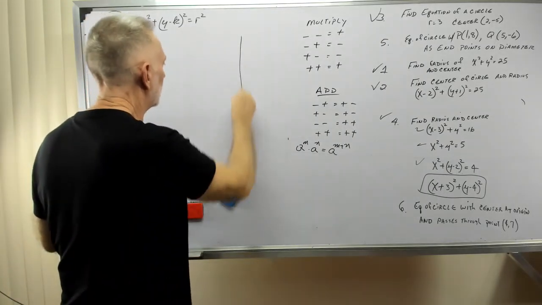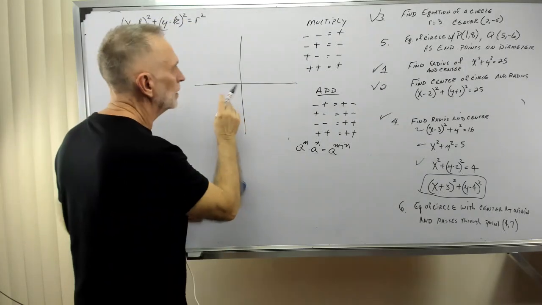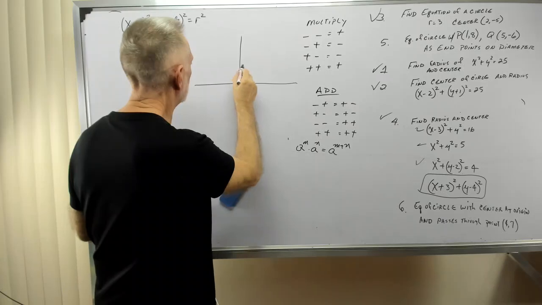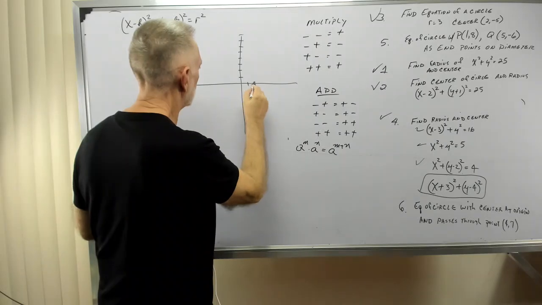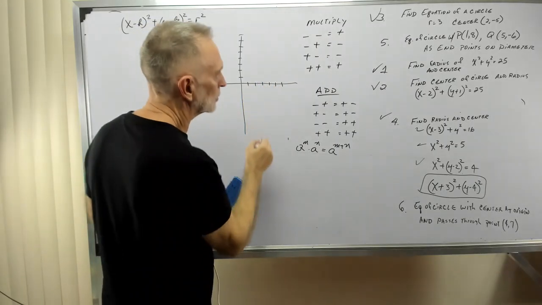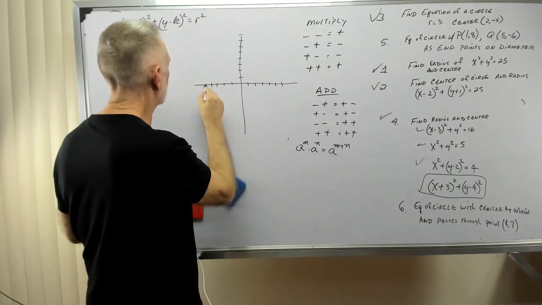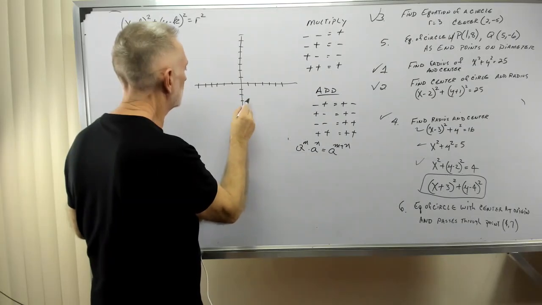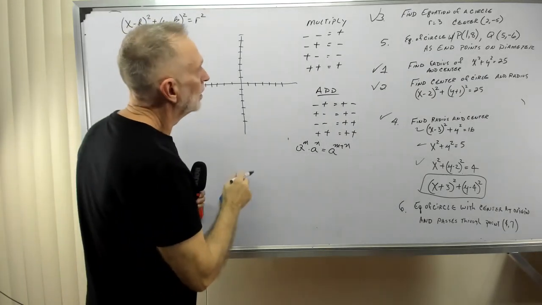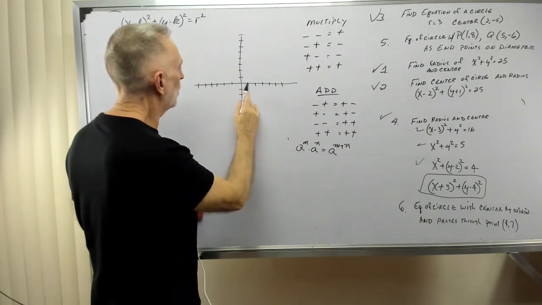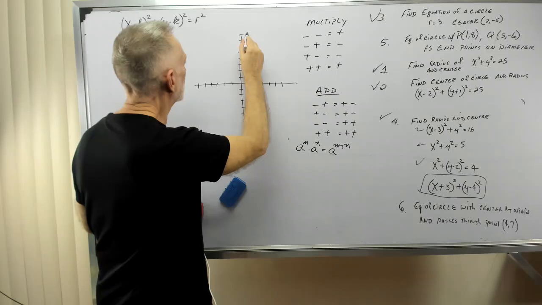So let's think about what that looks like. 1, 2, 3, 4, 5, 6, 7, 8.